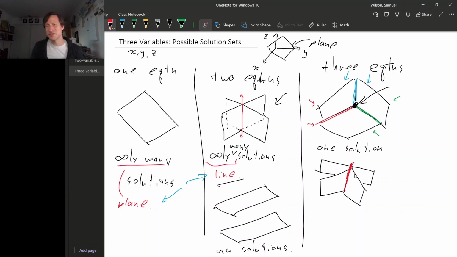This is as if there's a book that we've opened up, and the back plane is the cover of the book that's horizontal, and then these front planes are pages of the book sitting out. The back of the book and the pages of the book all intersect along the spine of the book. So in this case, we have infinitely many solutions.